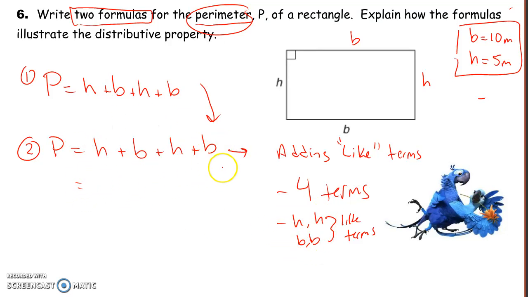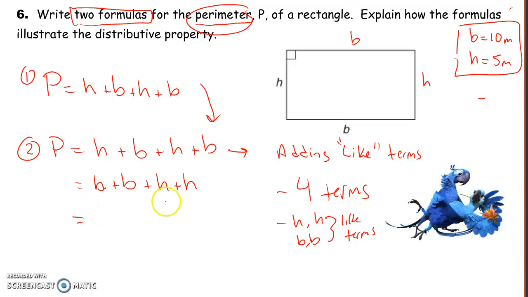I'm going to rewrite this side of the equation to have those like terms beside each other. Now I like doing them in alphabetical order. You notice how I've written my B's first. So I have B plus B plus H plus H. Okay, so I've rearranged them. This isn't technically a different expression or different equation than this. I've just rearranged the way they look physically. I've moved them around. But we can combine them now.